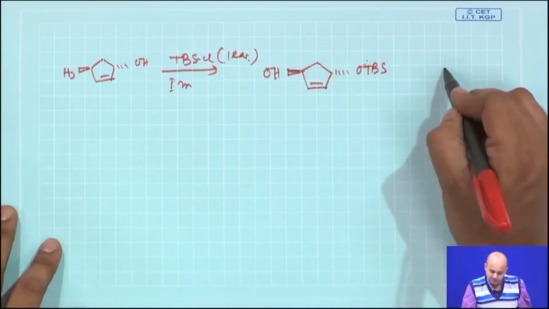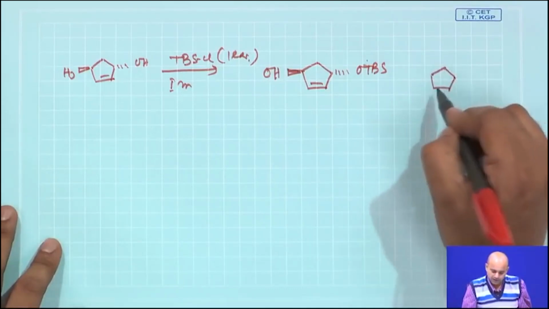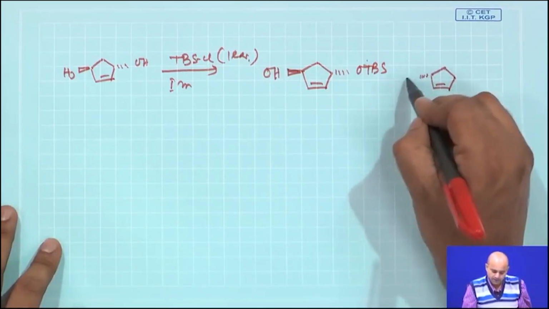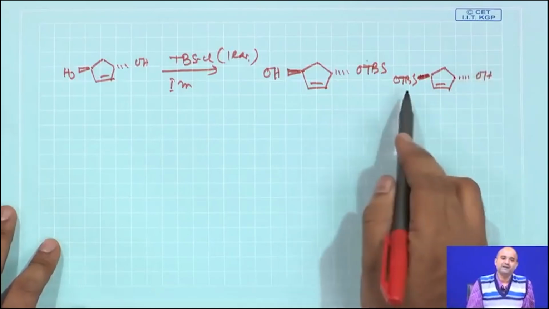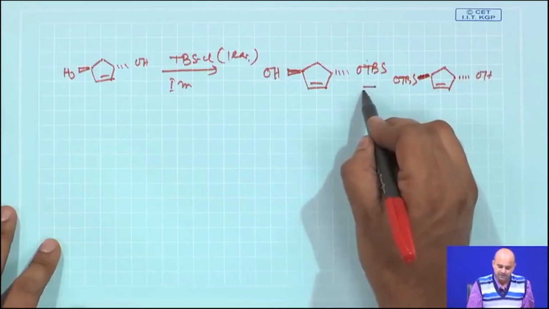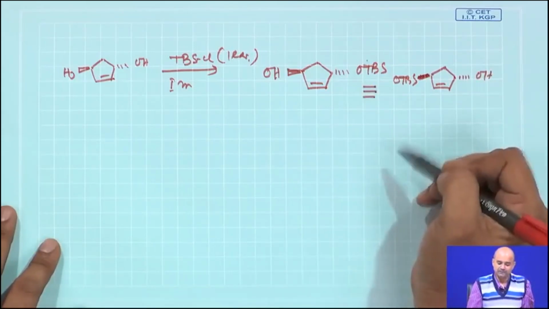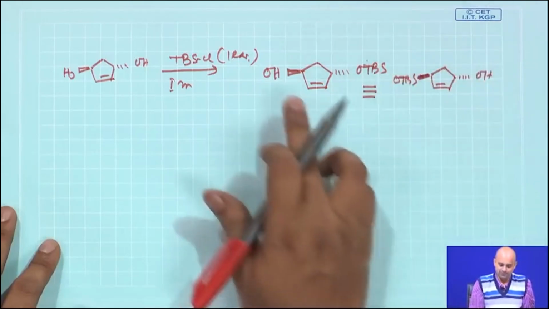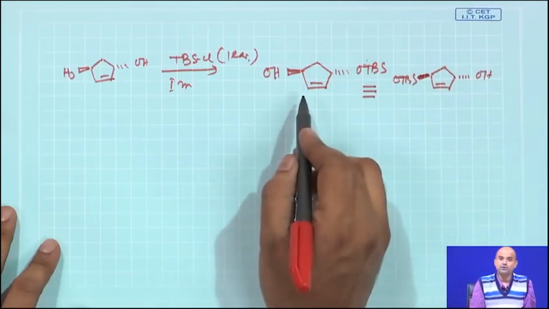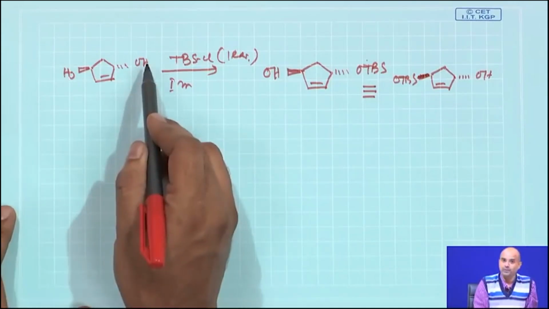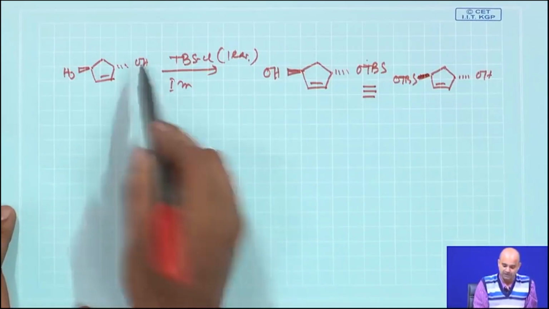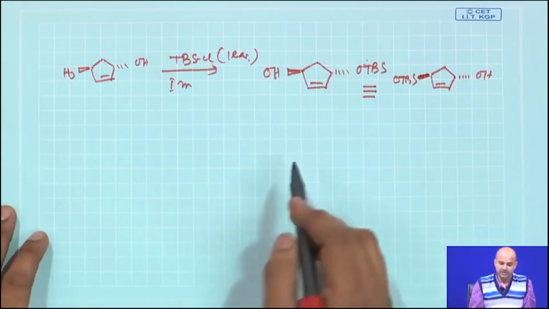In the other compound, the left hand OH will be protected. Now, in reality both these compounds are similar, is it not? You just rotate it, and both these compounds are similar. That is the beauty of C2 symmetry: as both the OH are homotopic, no matter which OH is protected, both the compounds are similar.